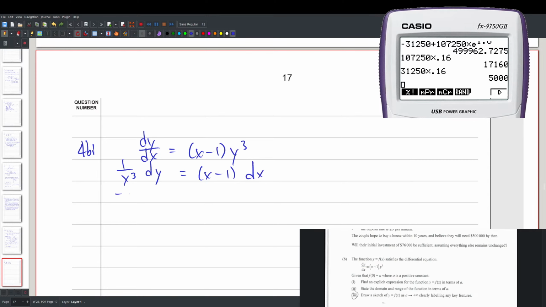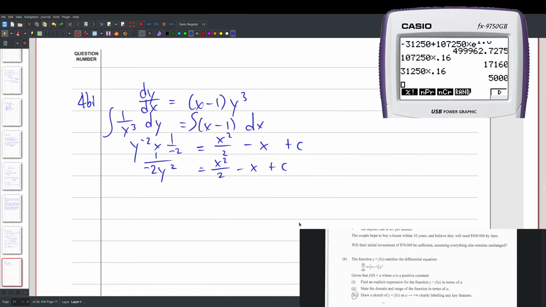Negative y to the negative 2 times 1 on negative 2 equals x squared on 2 minus x plus c. So it's like 1 on negative 2y squared equals x squared on 2 minus x plus c.